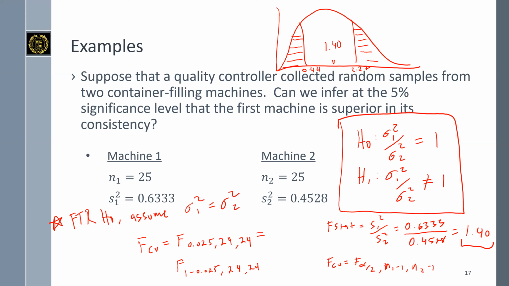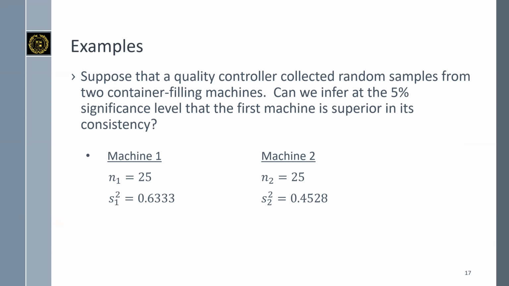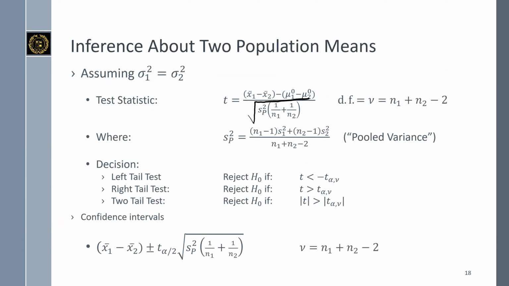Now, the reason why this is so important is because of this decision. We need to know what this decision is. If we assume equal variance, these are the steps that we are going to carry out. So what I want you to do for this slide, please make sure you have this down in your notes and have it starred, whatever you need to do. It's extremely, extremely important. So this is what we do when we assume equal variance.